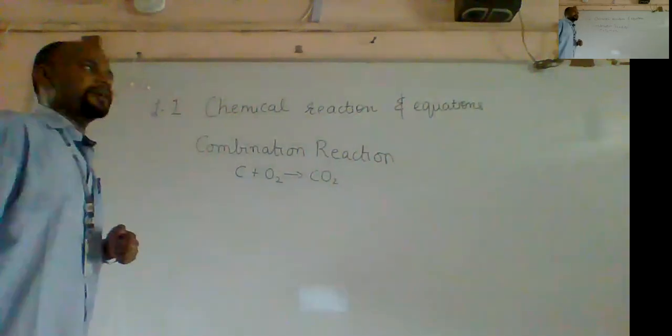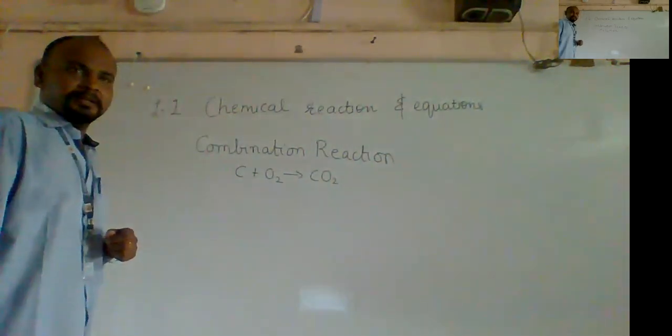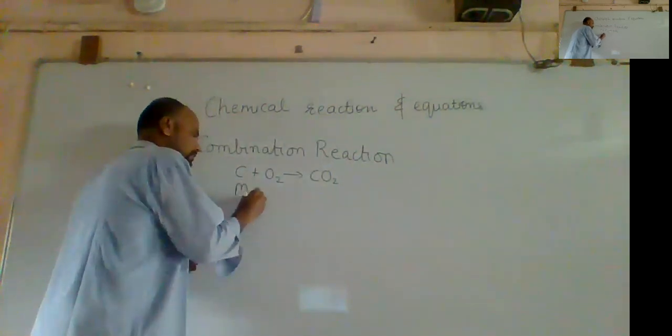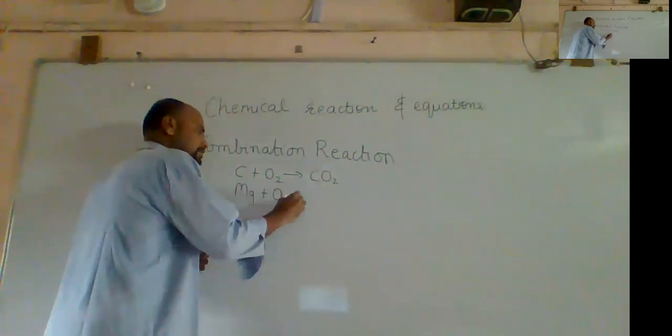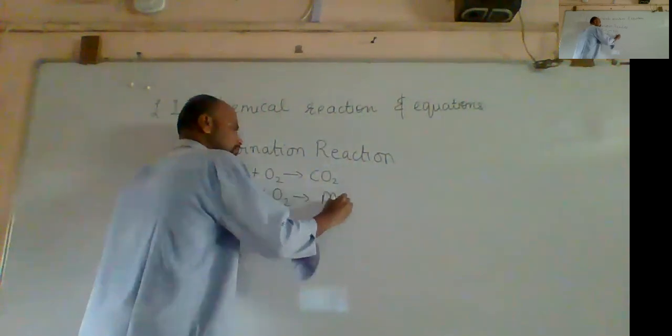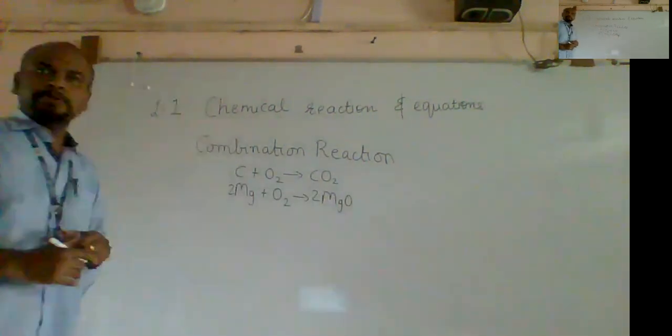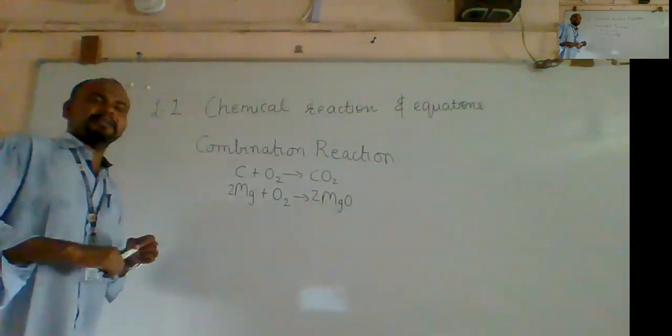The familiar equation which we had seen in the starting part of this chapter was when magnesium reacts with oxygen, it gives you magnesium oxide. To understand a combination reaction, let us take an activity.